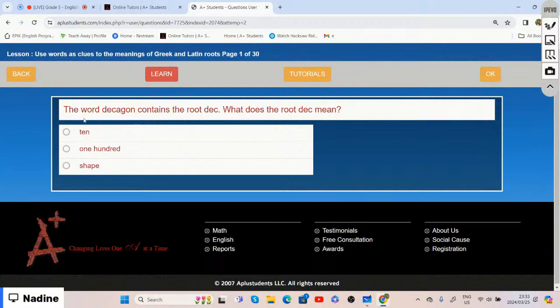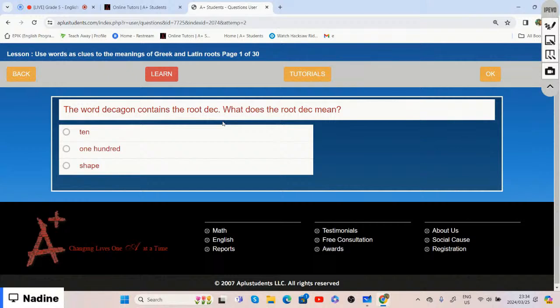All right, so here it says the word decagon contains the root dec. So what does the root dec mean? Is it to do with 10? Is it 100?